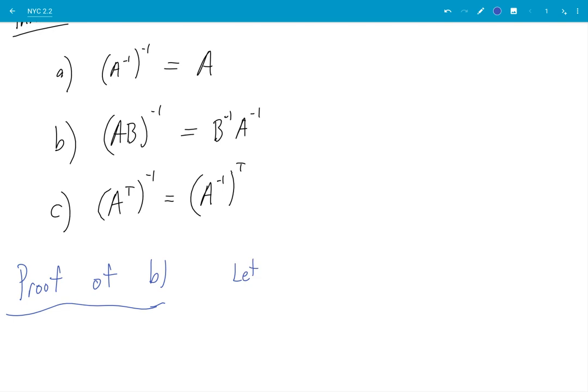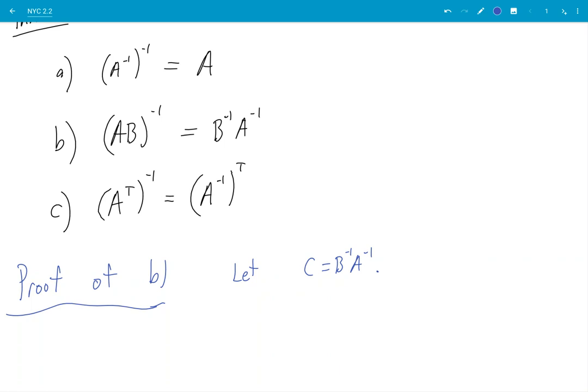So I'll say let C equal this candidate. What do I need to do with this C?